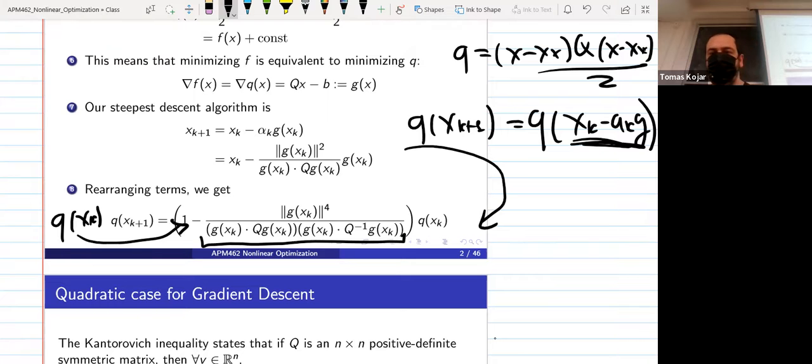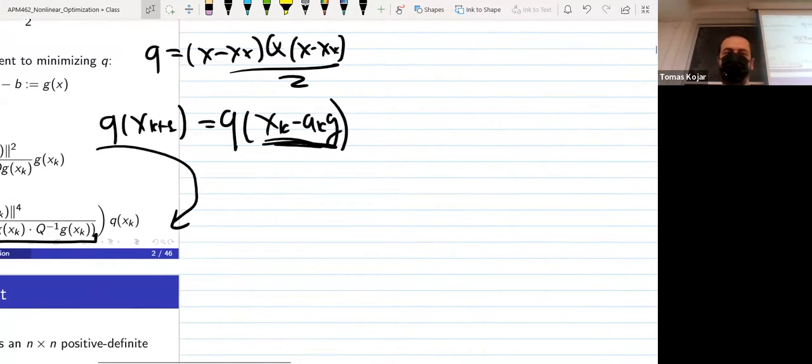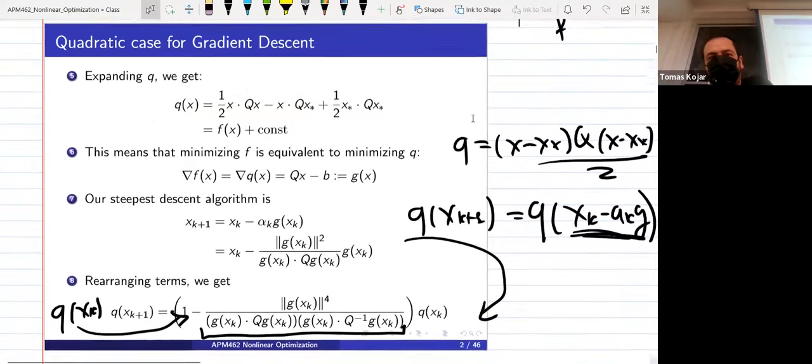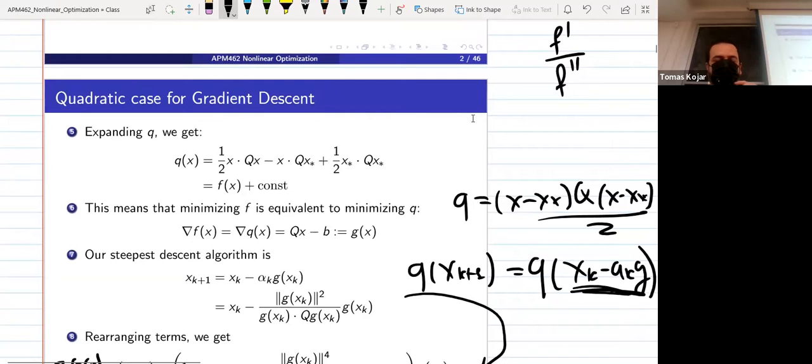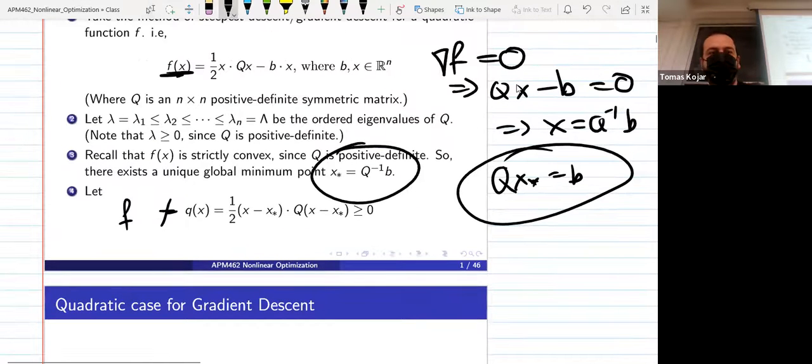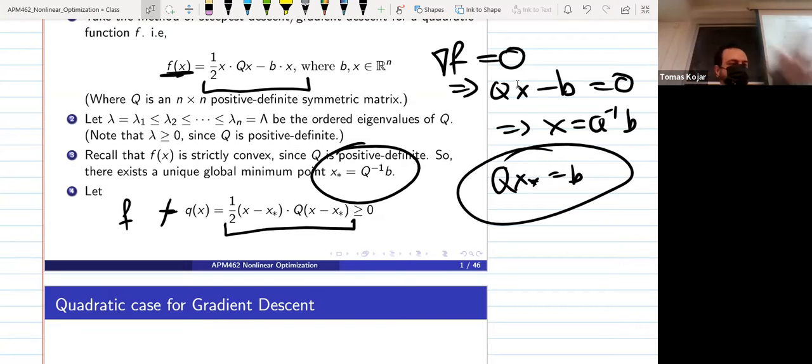Let me do a little bit just to see what's going on. Again, let me repeat. We are trying to find the minimizer of F, and we simplify the question by looking at the minimizer of Q. Instead of finding the minimizer of this shifted guy, we find the minimizer of this quadratic form because it's nicer, has a more convex structure.